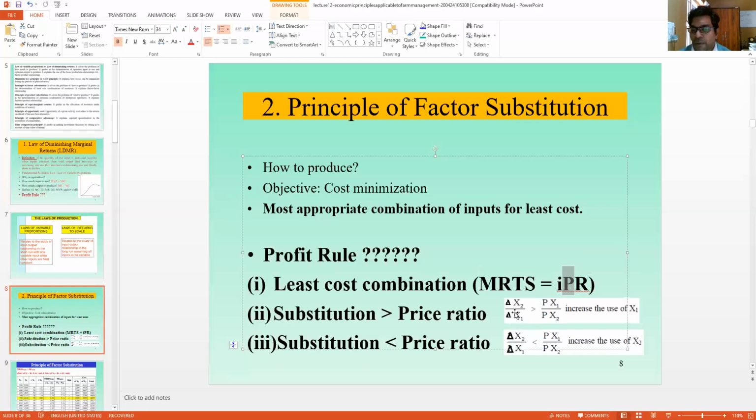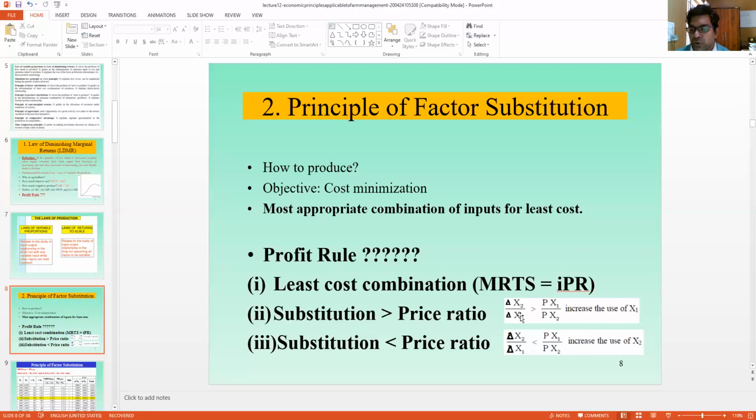So here, if MRTS is more than the price ratio, it means what? The farmer can still go for adding and replacing inputs. Still he can obtain the least cost combination, because here MRTS is more than the price ratio.